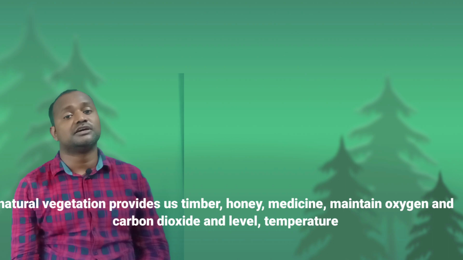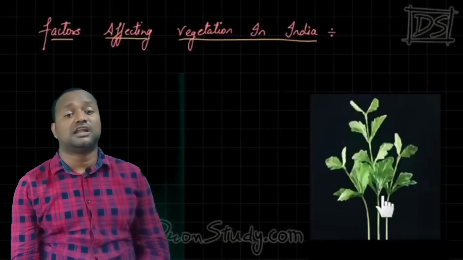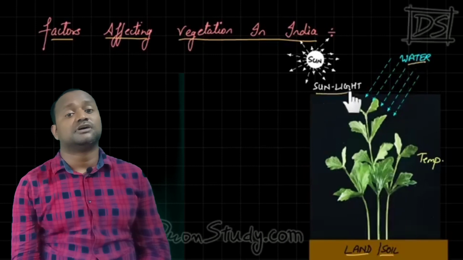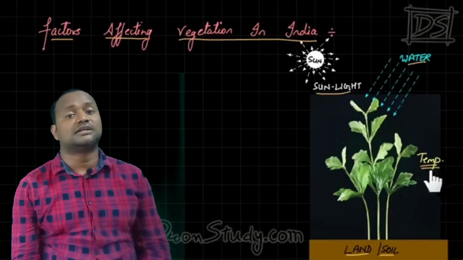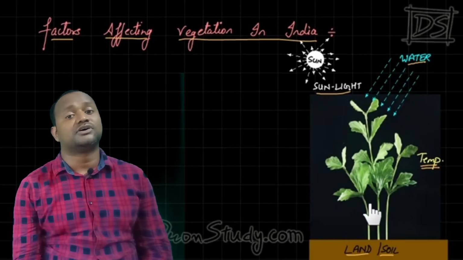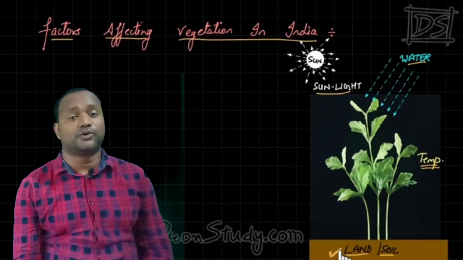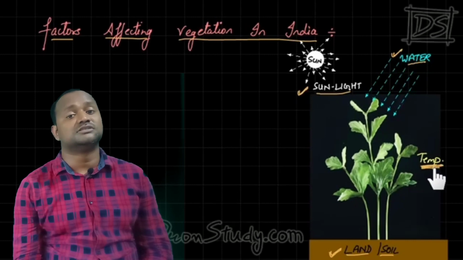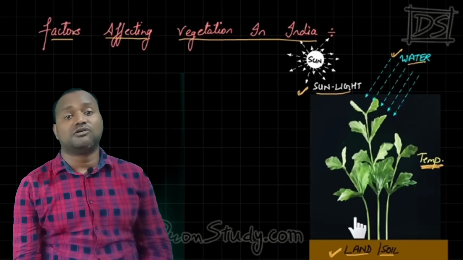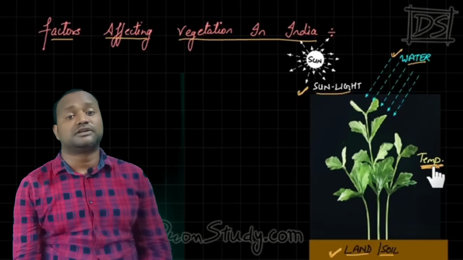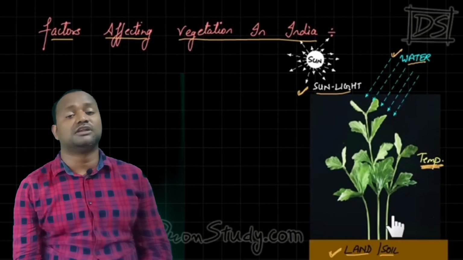Most importantly, the climatic factors like temperature and precipitation. Another factor is the soil, next the topography and photoperiod. These are some factors which decide the type of vegetation. Student, the vegetations are not equal everywhere.